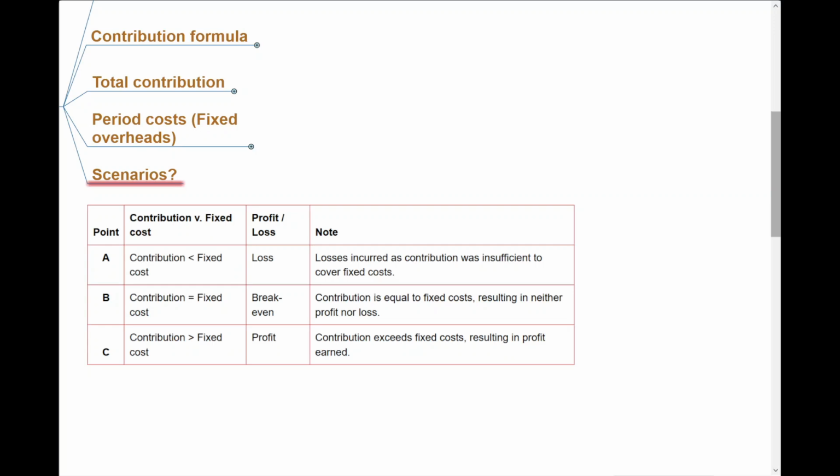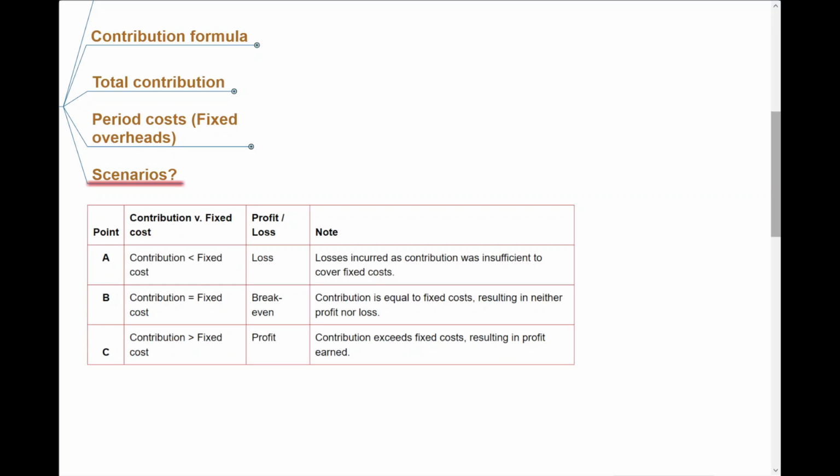Now, clearly on a profit and loss basis, that must be a loss. It has to be a loss. So losses are incurred as contribution was insufficient to cover the fixed costs. So you can see the relationship there between this area of contribution and indeed fixed or period costs.